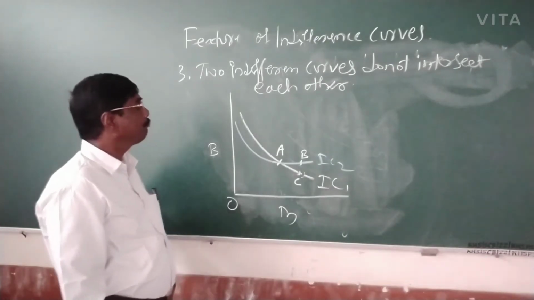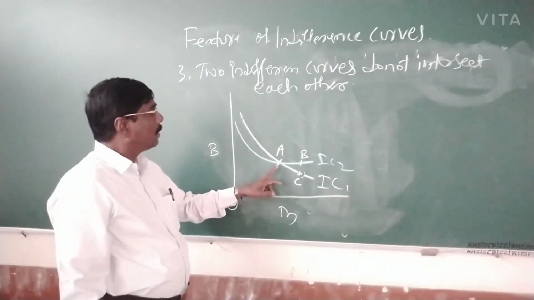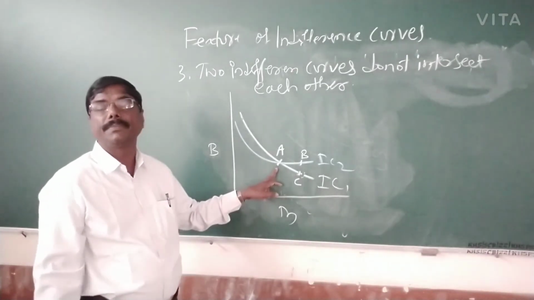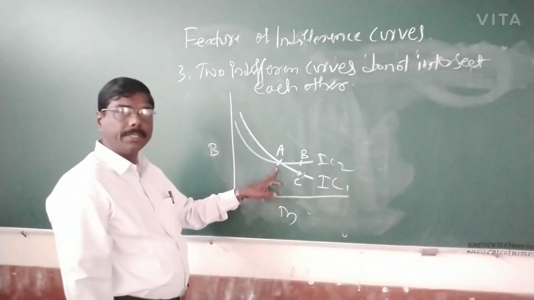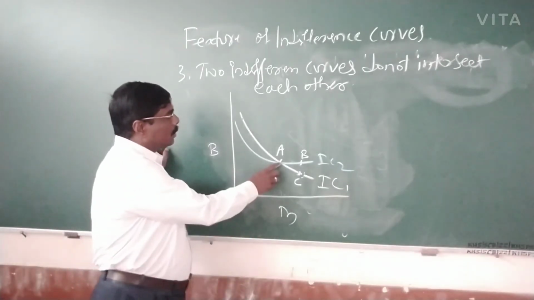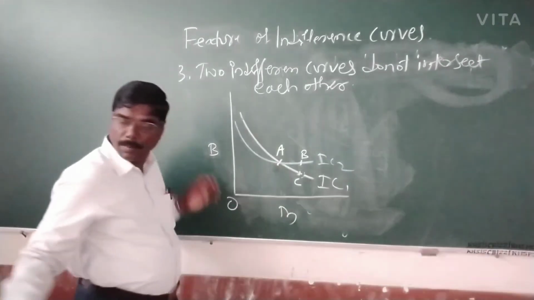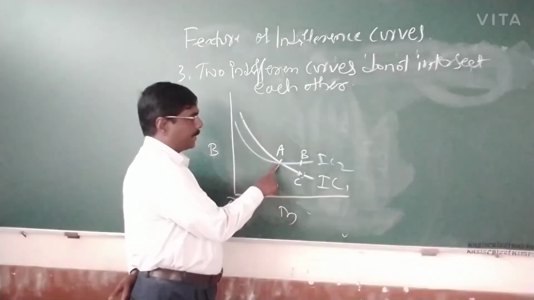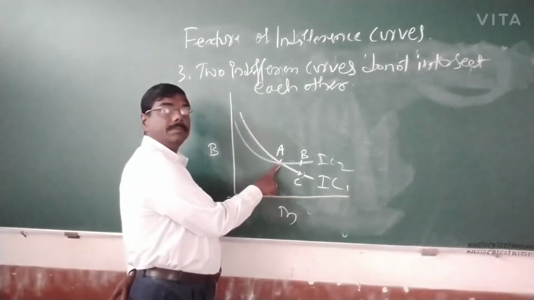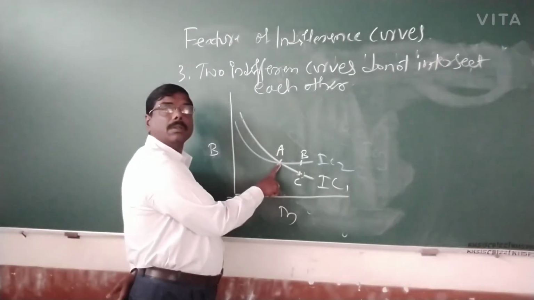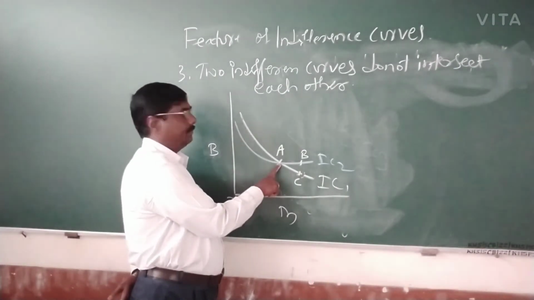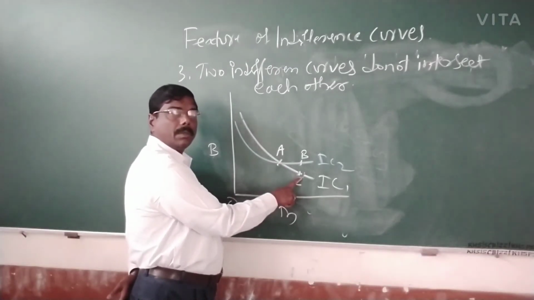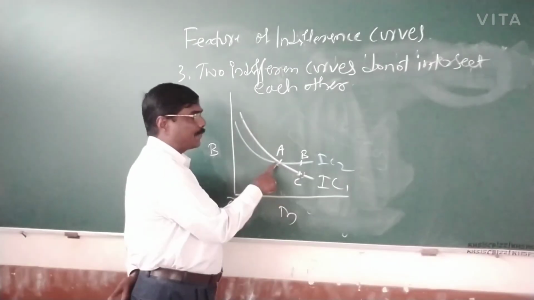Look at the board here, it is very clear that they do not intersect each other. It is assumed that the A combination and C combination give the same level of satisfaction to the consumer.